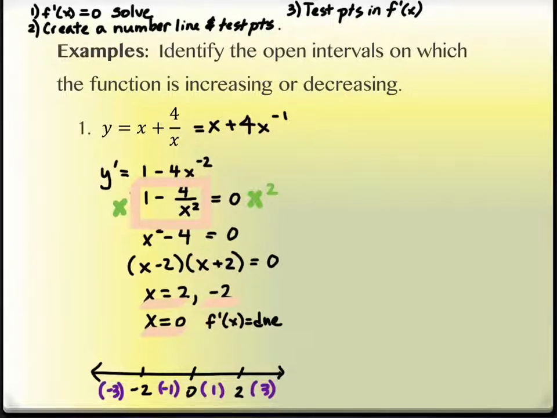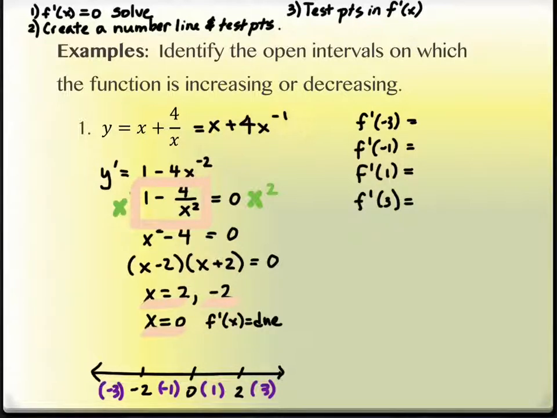Okay, what is the derivative doing? Is the derivative positive? Is the derivative negative? So we're going to test f prime of negative 3, f prime of negative 1, f prime of 1, and f prime of 3. And what I want to know as I test them is what sign I get out of the function.